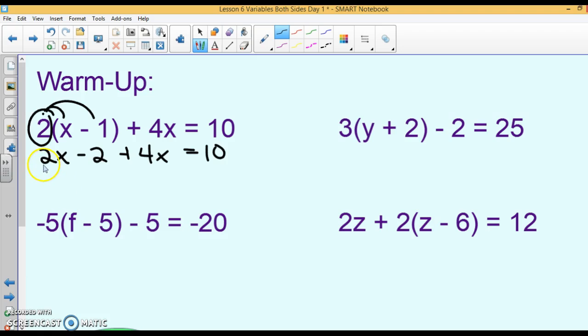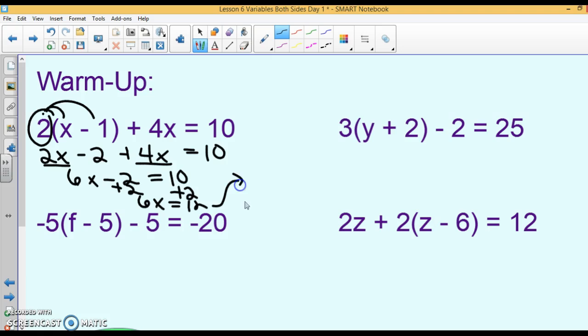Now, I can combine my like terms. I have a 2x and a 4x. So I'll have 6x minus 2 equals 10. I can add 2 on both sides, and I get 6x equals 12. To solve for x, now I can just divide by 6 on both sides, and I will get x equals 2.